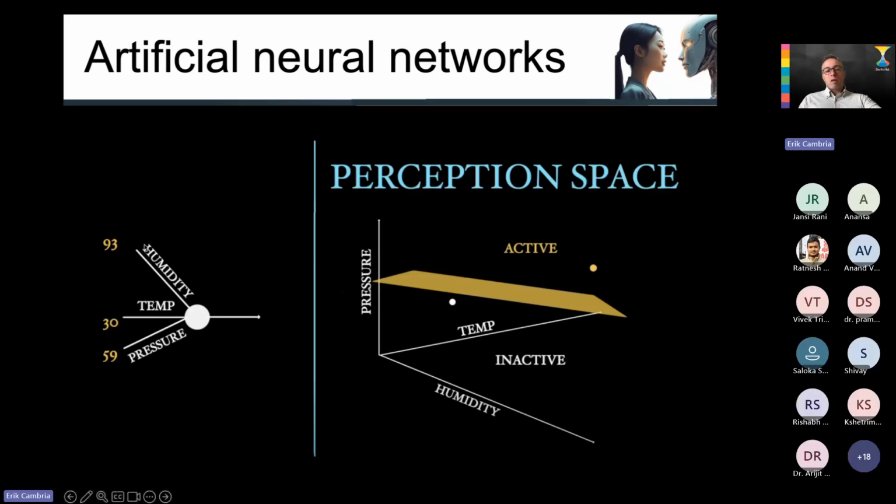So every time I get an input here, different numbers that represent humidity, temperature, and pressure, I can draw this data point in my 3D vector space. If it falls on this side of the hyperplane, the node will remain inactive. If it's on the other side, it will be active, so the information will be passed through to the other set of nodes.